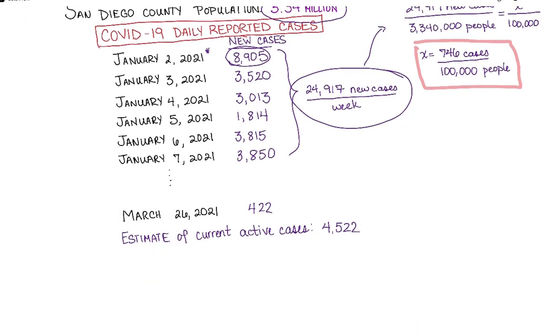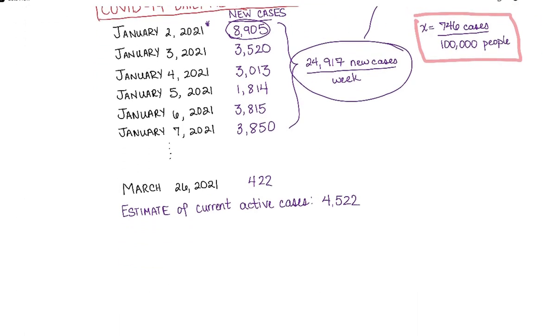Now let's take a look at what it currently is. So the most recent data that was presented was yesterday, and there were 422 new cases of COVID-19 documented in San Diego County.